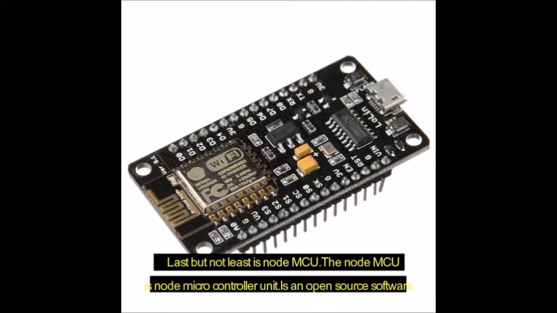It's an open source software and hardware development environment that is built around a very inexpensive system on a chip called the ESP8266. The ESP8266, designed and manufactured by Espressif Systems, contains all crucial elements of a modern computer, which is CPU, RAM, Wi-Fi, and even a modern operating system and SDK.